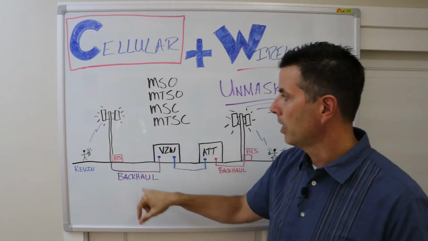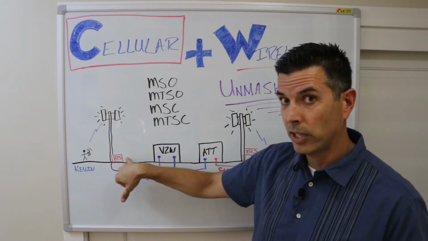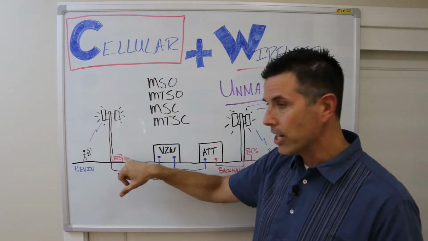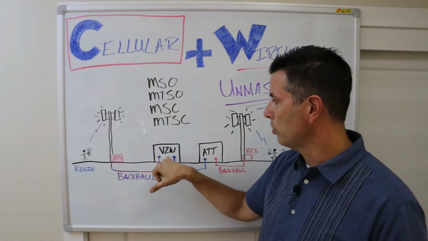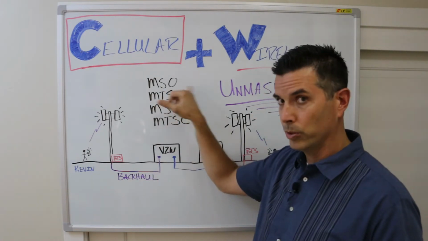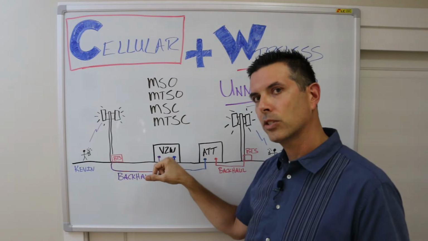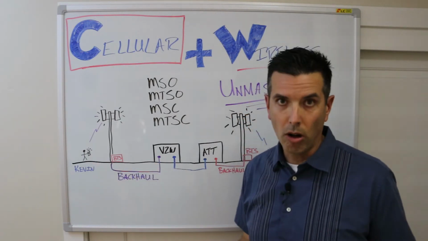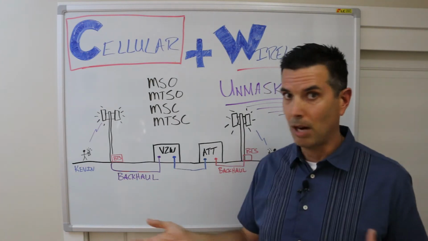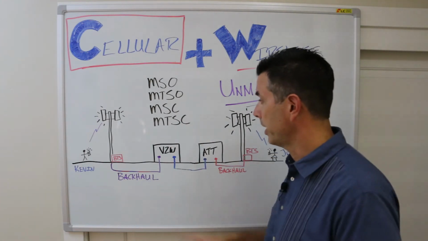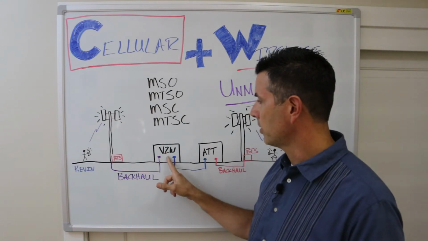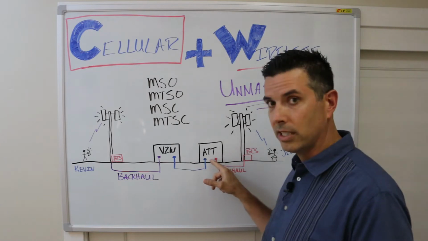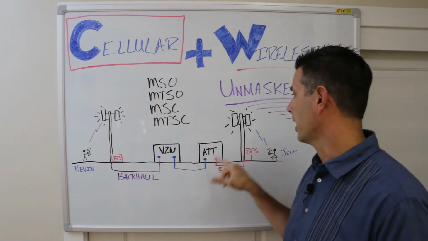It goes through the gear at the base of the cell site called the BTS, base transceiver system, then over the backhaul to the Verizon switch, the MSO, mobile switching office. The Verizon switch then says, Kevin wants to make a mobile-to-mobile call, which is probably the most common thing because everyone's got a cell phone these days. So Verizon says he wants to call Jill. She's on the AT&T network, so I'm going to route this call to AT&T. I'm going to connect them via the interconnect.